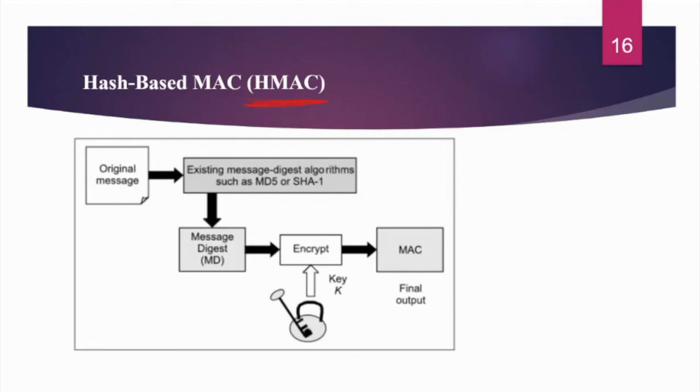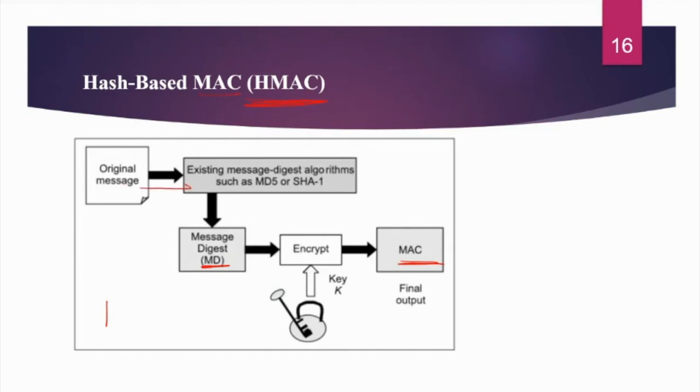The only difference is that in the case of simple MAC, we take the original message and it undergoes the function which generates the MAC. Whereas in hash based MAC, the MAC is not generated from the entire message, rather it is generated on the hash which is created from the original message.